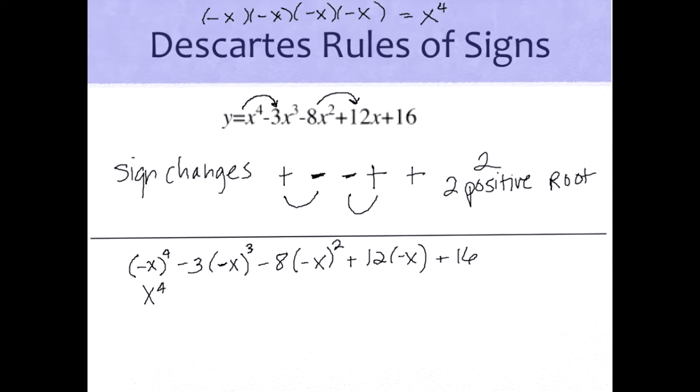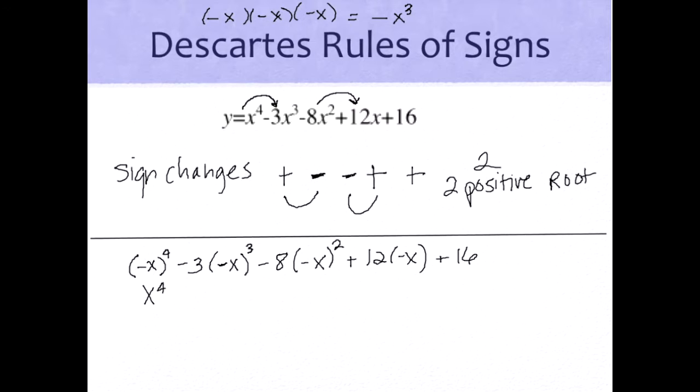All right, negative x to the third. We're looking at negative x times negative x times negative x. Perhaps you recognize that when you take a negative number and multiply it 3 times, a negative times a negative times a negative is going to be equal to a negative x to the third.